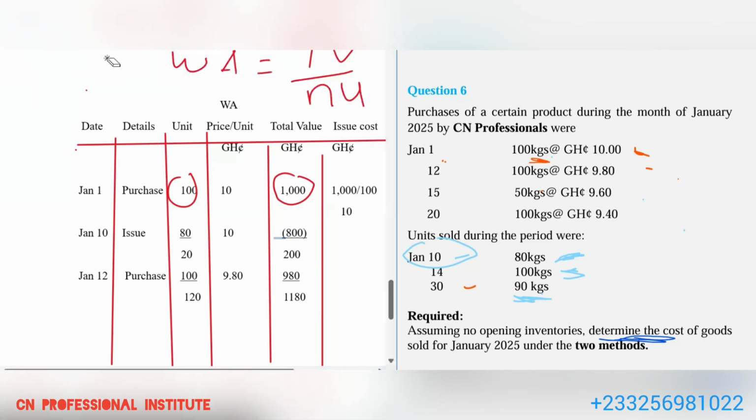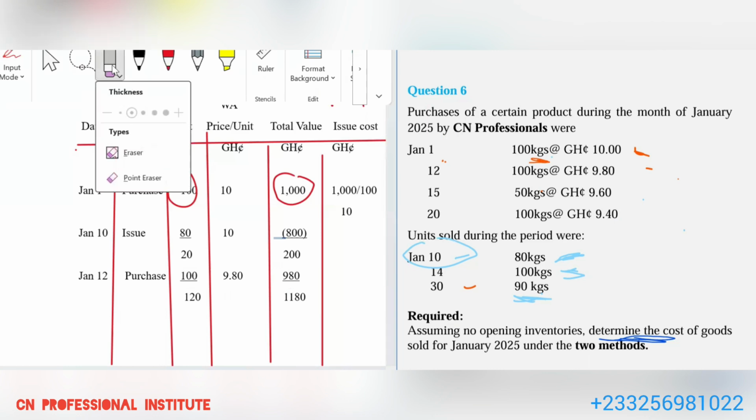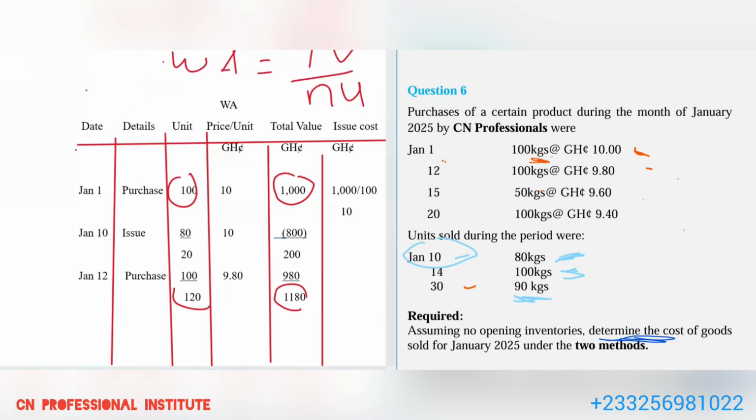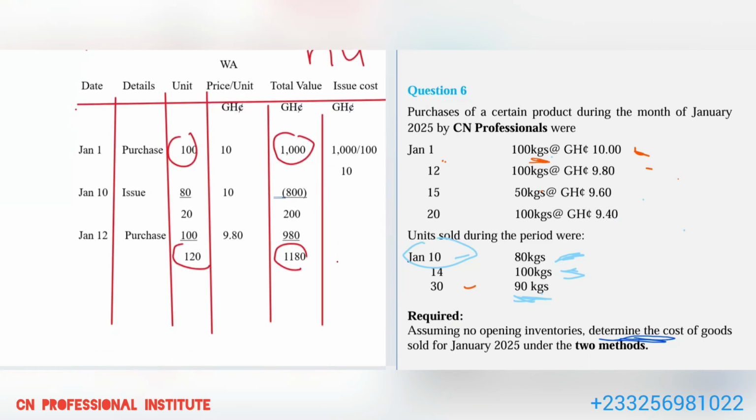So to get the issue price, we divide this figure here by this, right? And then that's what will be our issue price. Okay, so our issue price is 9.83. And that's what we are going to use in our next issue.